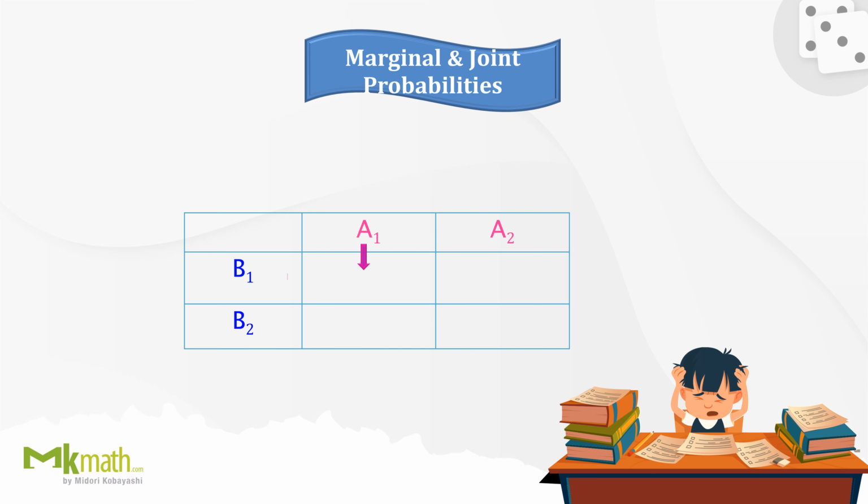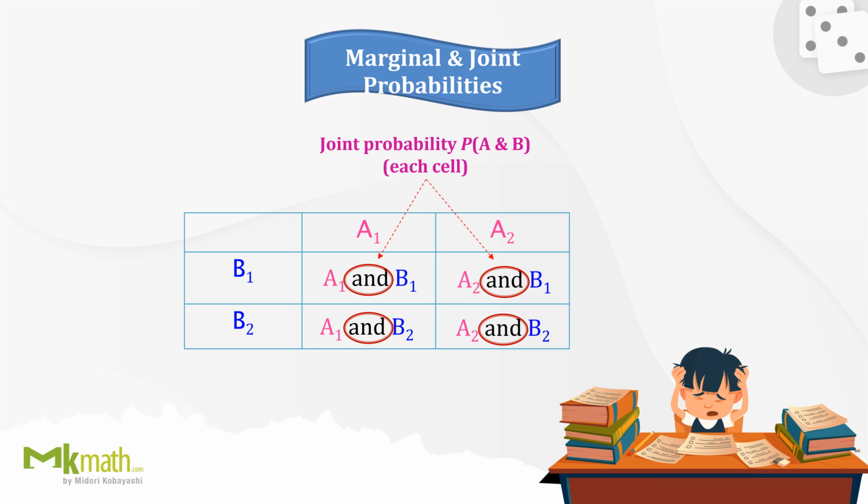Each cell is the intersection of event A and event B. Since the intersection of two events are connected with and, the probability of an intersection is called a joint probability. If you recall the previous formula involving the important keyword and, it indicated a multiplication formula.